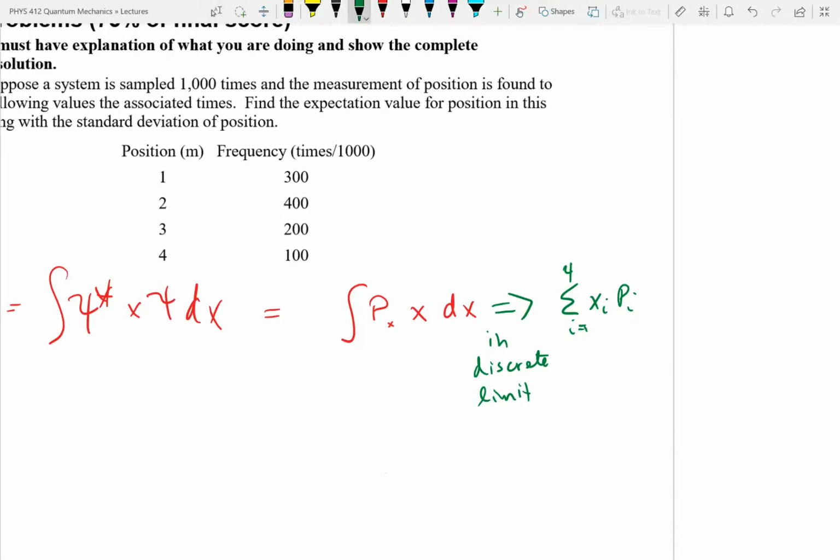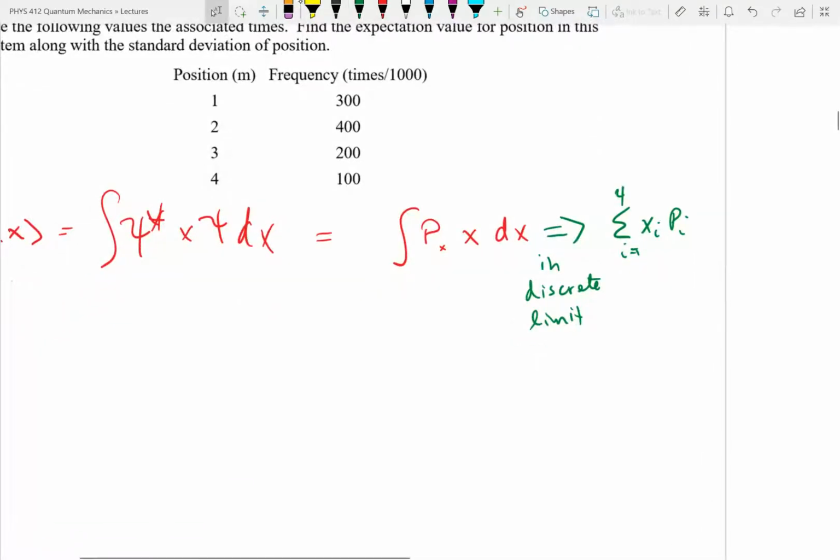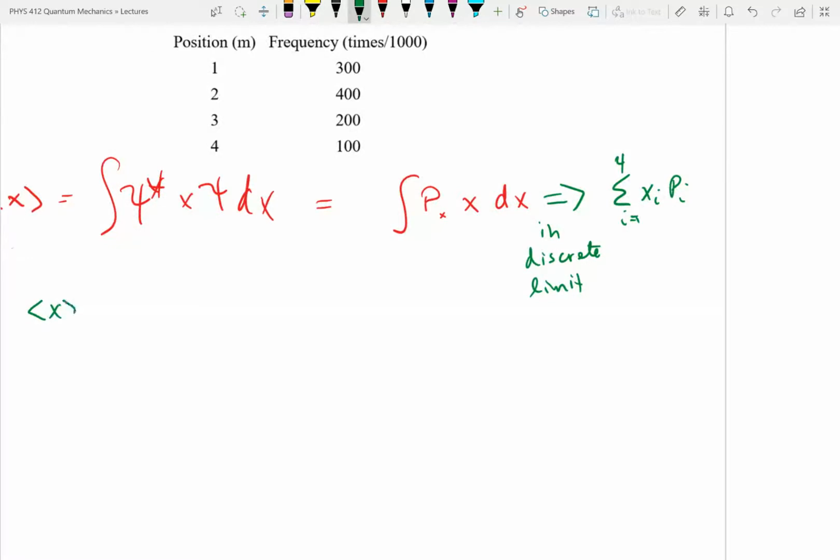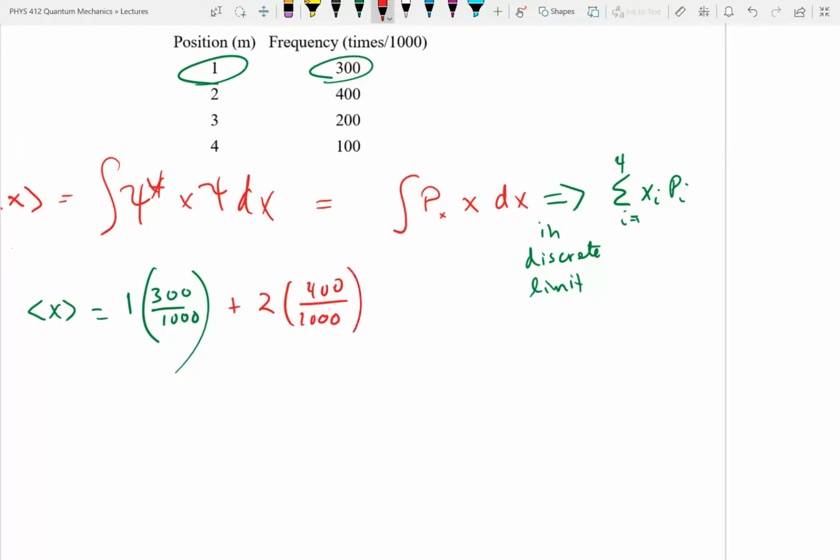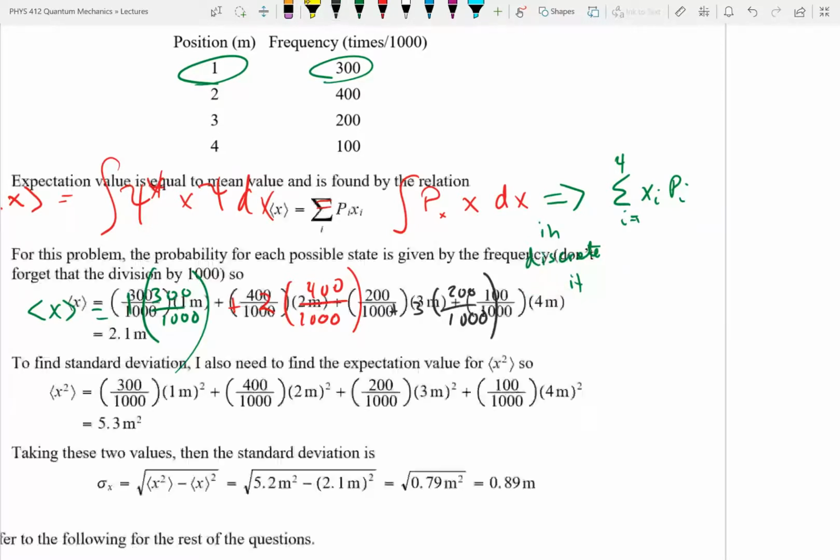Notice I even added them for you so you know that there's 1,000 times. You didn't have to add up 3, 4, 2, and 1. I was killing it for you. So position value 1 is 1, probability 1. There's my first one. There's my second one. There's my third one.